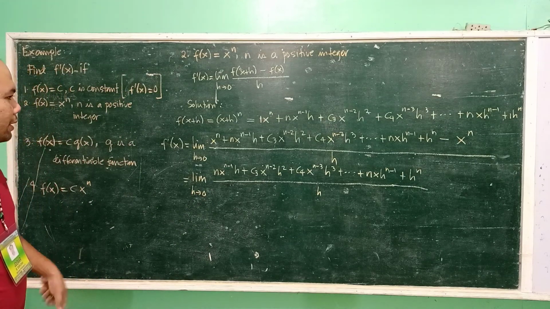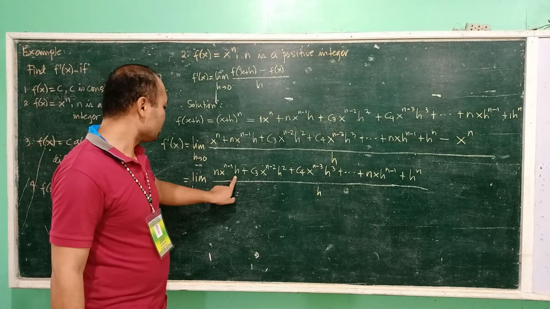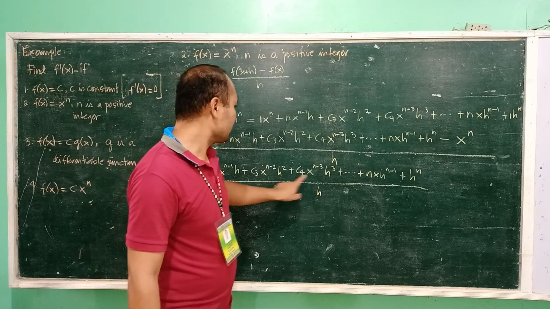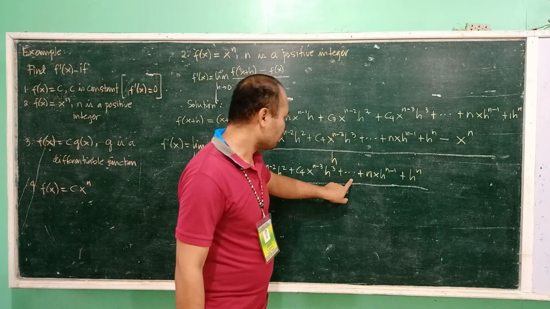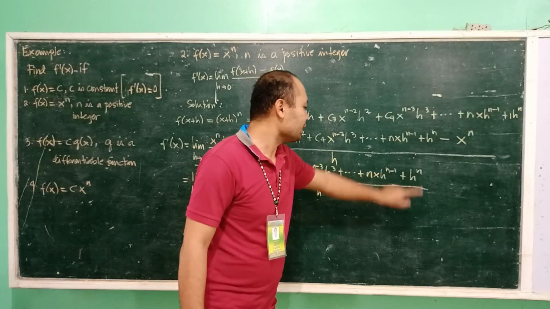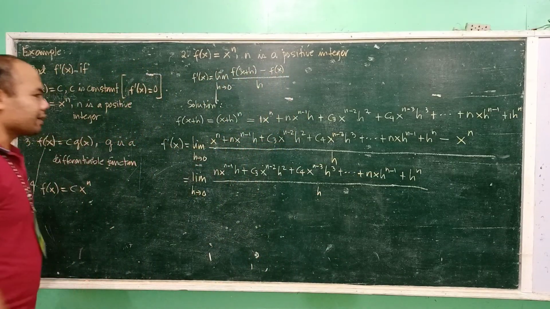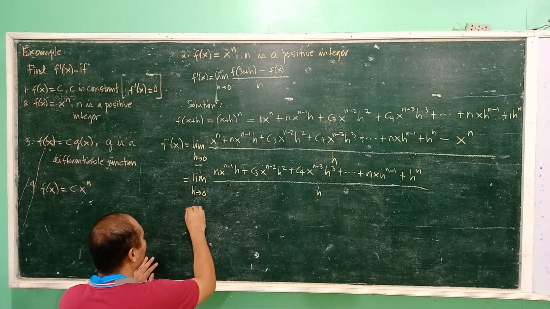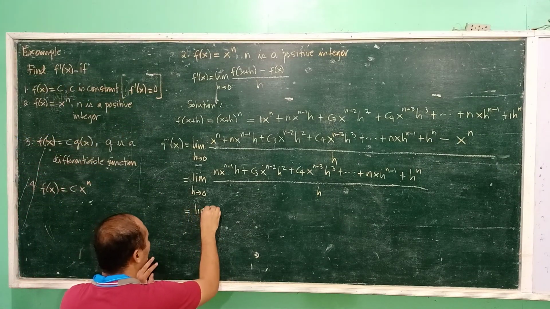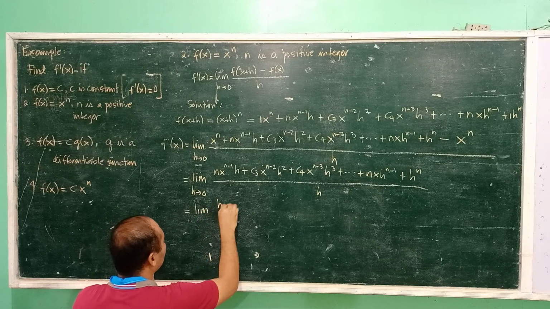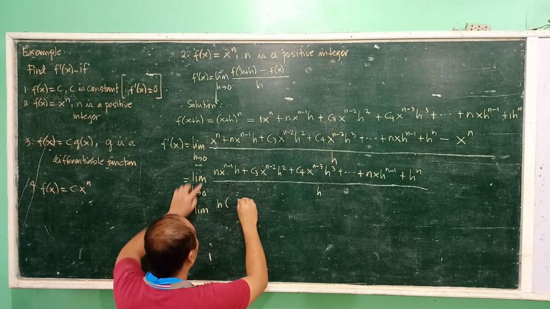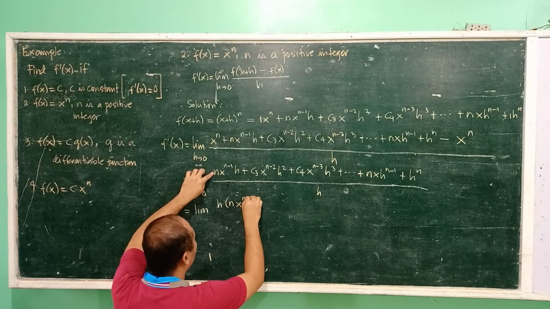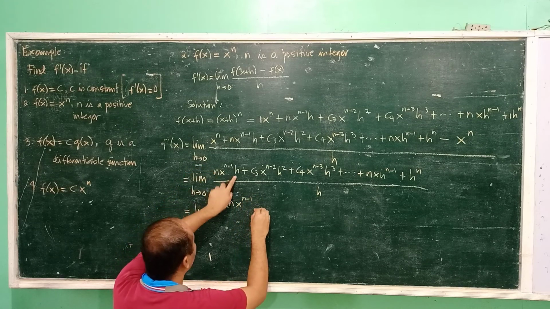Now, look at this. H's are common for each term. This is h, this is h squared, h cubed, h to the 4th, and so on, h to the n minus 1 until h to the n. So therefore, we can factor out h, right? So we factor out h, so this is the limit of, I'll factor out h. So I'll be left with, in this case, you have n, x to the n minus 1, h, okay?